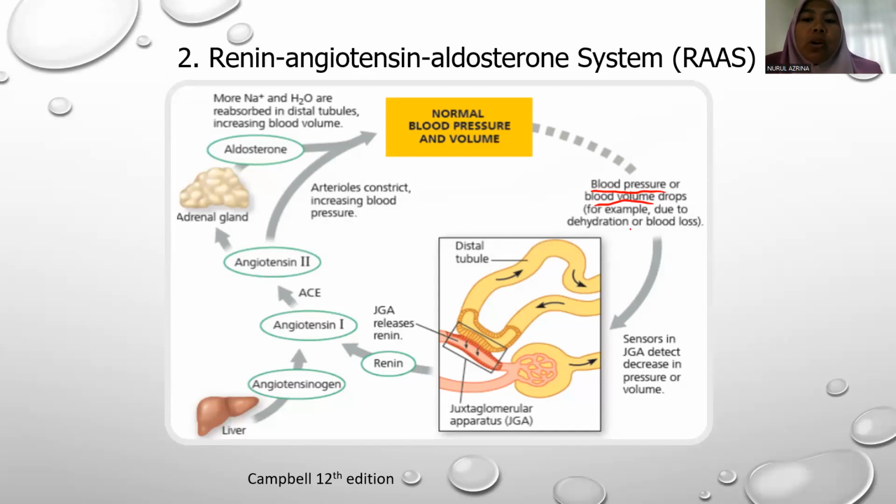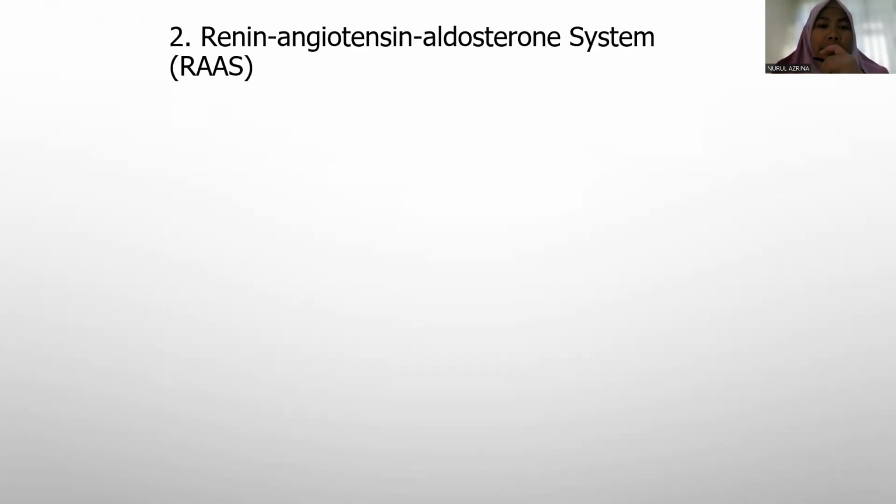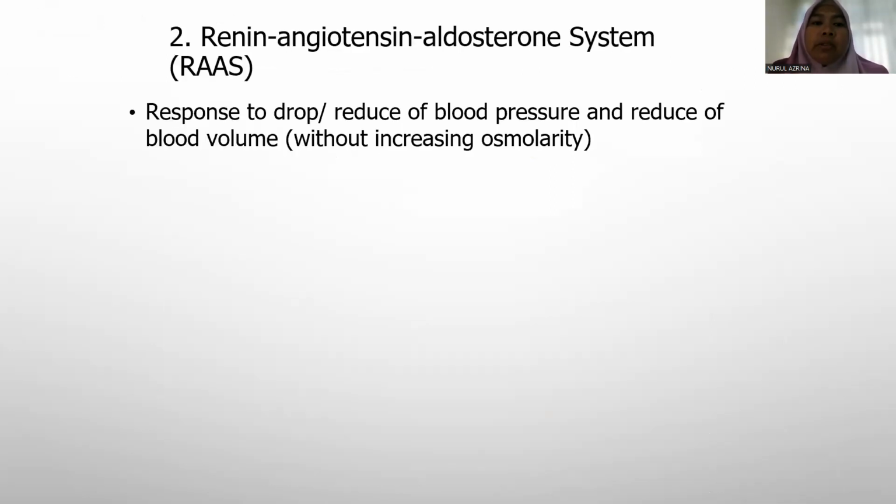Let's say you are in a state of dehydration due to severe diarrhea, for example, or due to blood loss because of accidents, injuries and whatnot. So blood pressure will drop, or you are going to lose a lot of blood volume. This is where the renin-angiotensin-aldosterone system will be activated. The renin-angiotensin-aldosterone system, or RAAS, responds to the drop of blood pressure and also blood volume without increasing osmolarity.